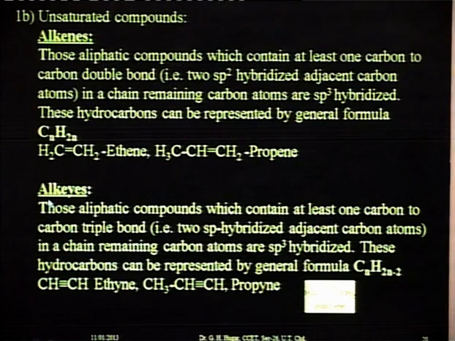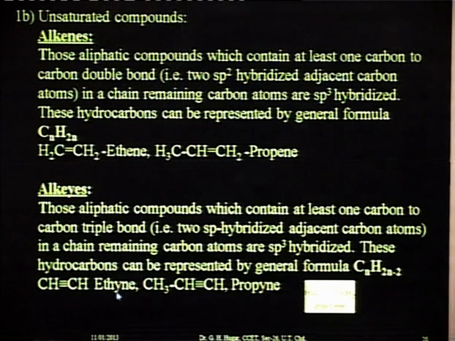Next one, the unsaturated hydrocarbons are alkynes as well. There is another category, those aliphatic compounds which contain at least one carbon to carbon triple bond. That means 2 sp hybridized adjacent carbon atoms in a given chain, and the rest of the carbon atoms are sp3 hybridized. These hydrocarbons can be represented by the general formula CnH2n minus 2.